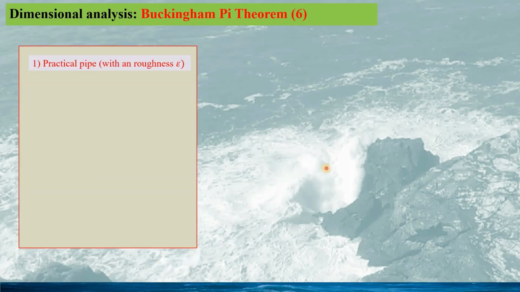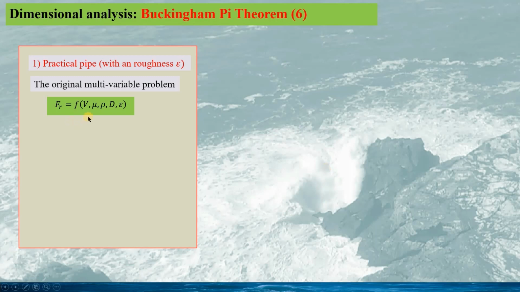Now we can see the original function of the fluid friction has been expressed as a function of 5 variables: velocity, viscosity, density, diameter, and the wall roughness.